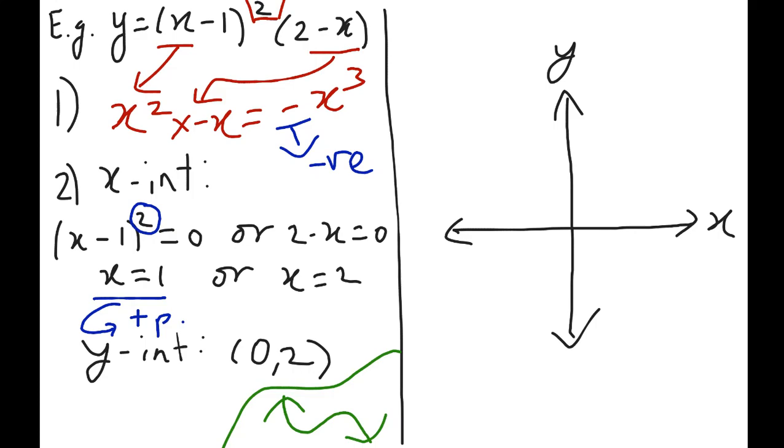Because there is a turning point, when we put it into the graph, on the turning point, which is at x equals 1, it's either going to go down and then back up, or up and then back down. But it's never going to cross that particular point there.